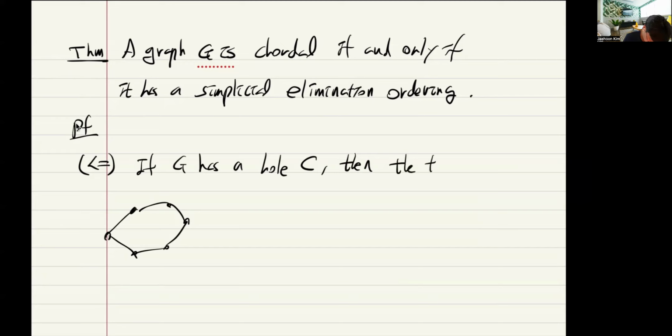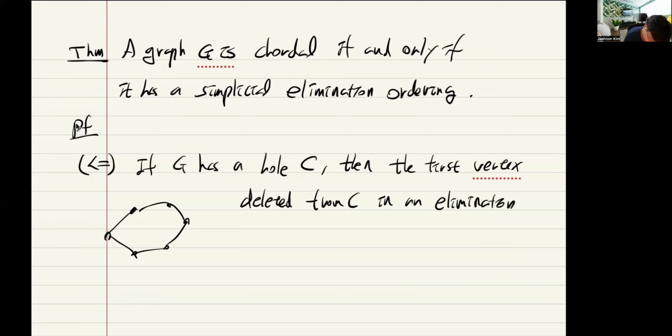And we take the first vertex deleted from this C in a simplicial elimination ordering. Once you are deleting this, it may have other neighbors as well. But one thing we know is that these two are not adjacent.